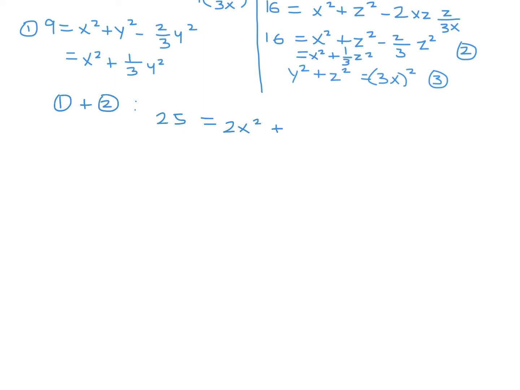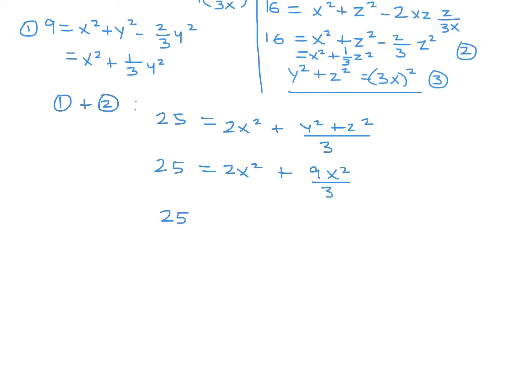Yeah, that makes it easier. So if I'm adding, I'm just going to have y squared plus z squared all over 3. Okay, that's really good, because y squared plus z squared I have right there. So 25 is equal to 2x squared plus y squared plus z squared, which is 3x squared, which is 9x squared over 3. Great. So 25 is equal to 2x squared plus 3x squared. That's 5x squared is 25. X squared is therefore 5, and therefore x is root 5.